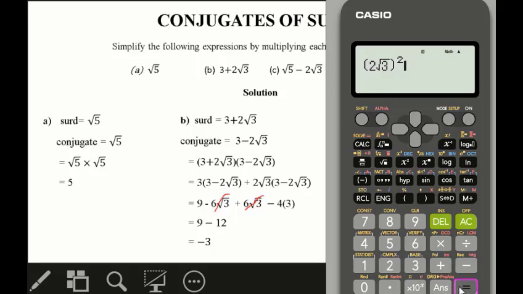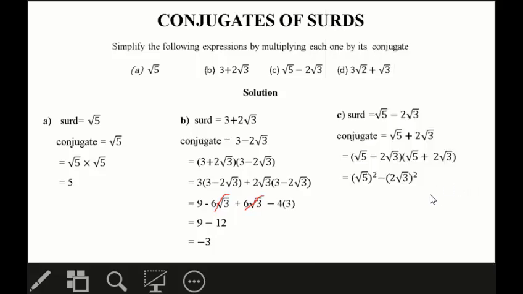Then you punch it on the calculator. The answer is going to give you what? 12. Excellent. So it means that one is going to give us 12, which implies that 2 squared will give us 4, and root 3 squared will give us 3. So we are going to get 5 minus 12, and the final result is going to give us negative what? 7.